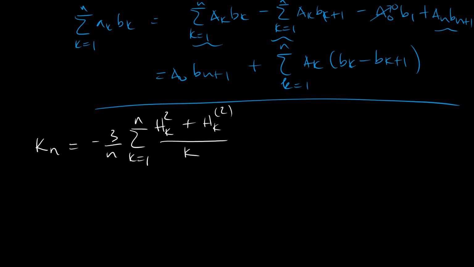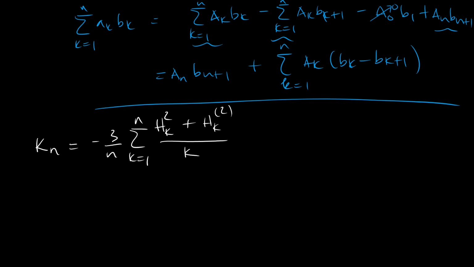And that's what we're going to use Abel's summation by parts for. Let me see, I need to correct that part. That part is actually a_n. So let's see how we can simplify this expression further using Abel's summation by parts.